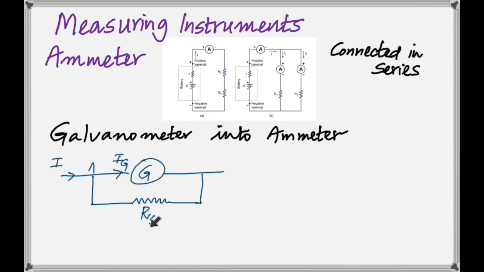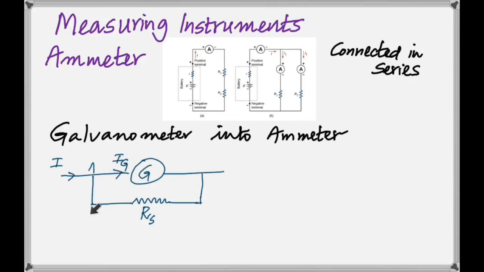So just label this as RP because it's connected in parallel with this. And then you have a current coming in, but at this junction, that current splits into two parts. Only a small current can flow through the galvanometer because it's a very sensitive device, isn't it? So Ig is that part of the current that flows through the galvanometer.